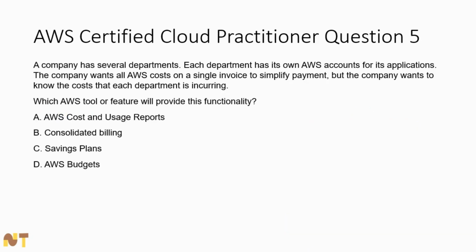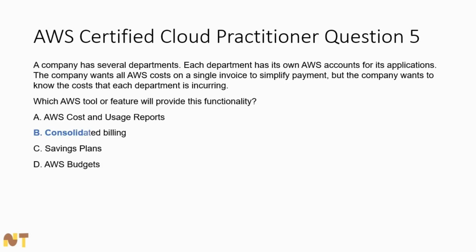A company has several departments. Each department has its own AWS account for its applications. The company wants all the AWS cost on a single invoice to simplify payment, but the company wants to know the cost that each department is incurring. Which AWS tool or feature will provide this functionality? Options are A. AWS Cost and Usage Report, B. Consolidated Billing, C. Savings Plan, and D. AWS Budgets.